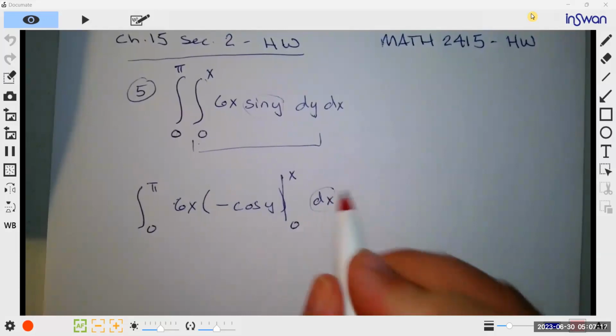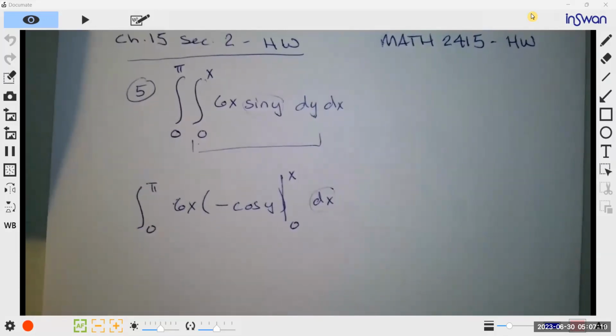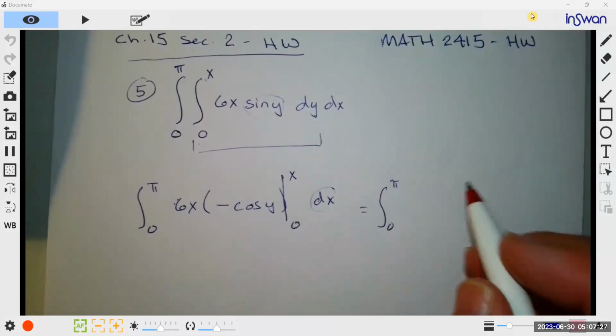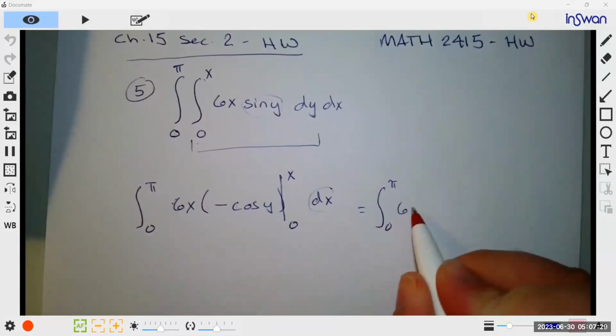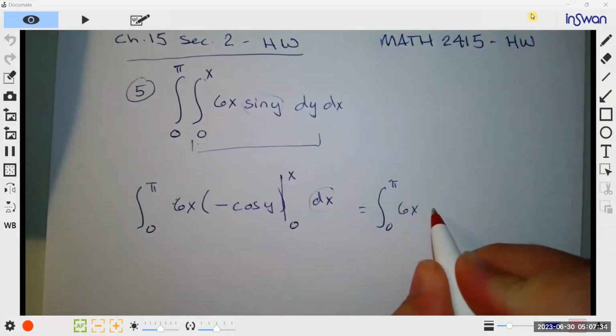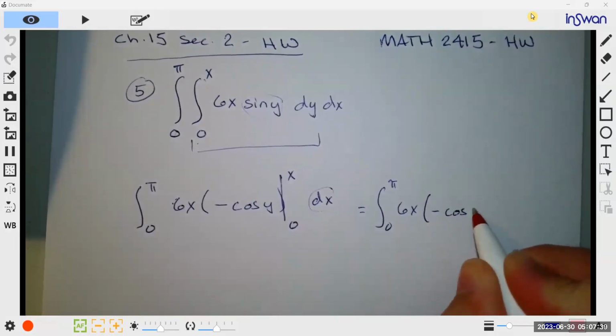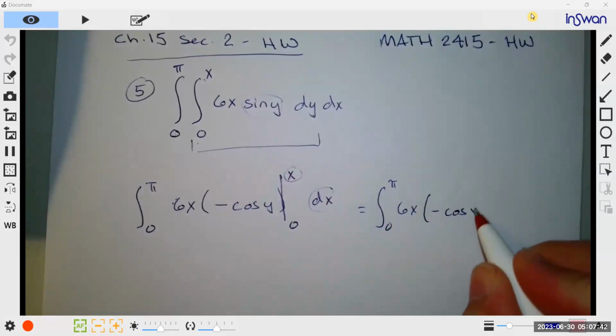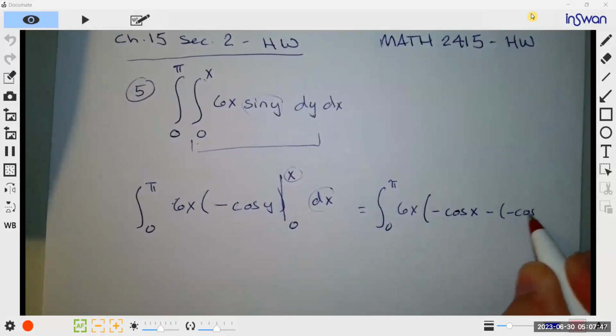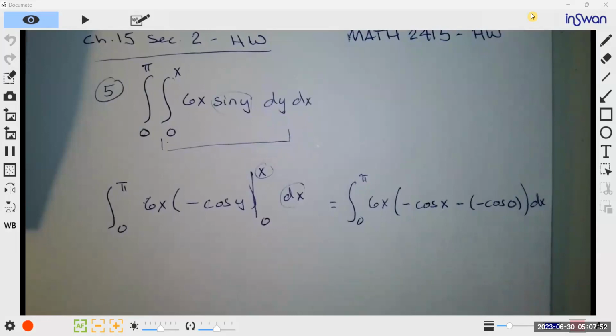But remember, for this one, we have to have only the variables just of x. So that gives us 6x times negative cosine at x minus negative cosine at 0 dx.